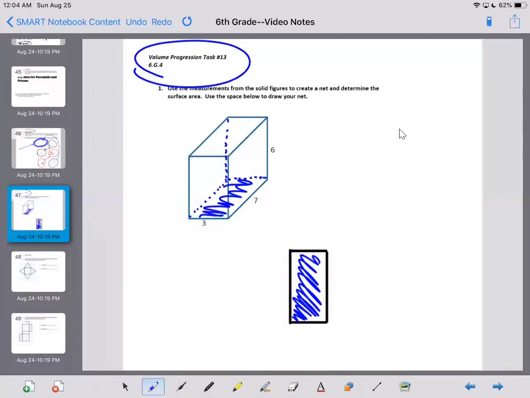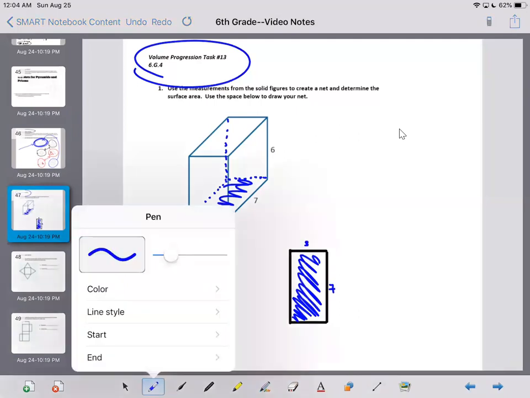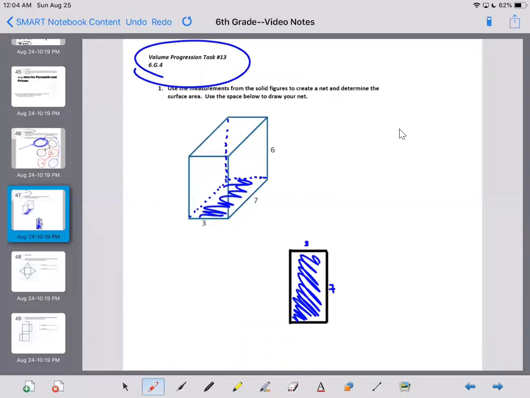So that's 3x7. There's the base. I know that what I'm going to have is a side, which is a 6x7, but I'm going to have 2 of them. Okay, so you see those pictures, I've got both of those.